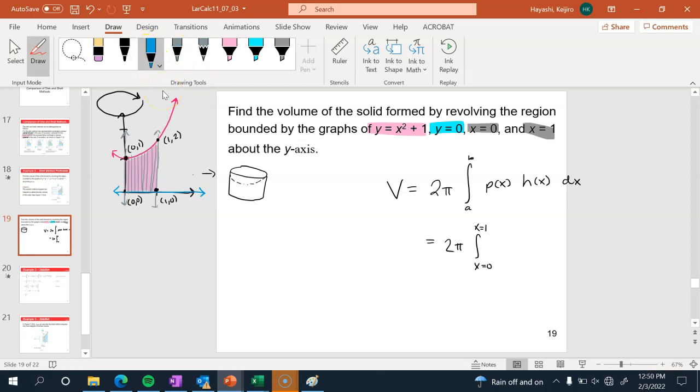Now the radius of these shells is, again, just going to be x. Just the value of what x is as you move from 0 to 1 is going to determine how wide your cylindrical shell is. So p of x, again, just happens to be x.